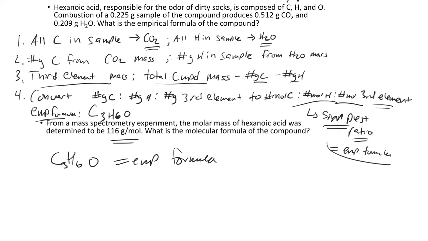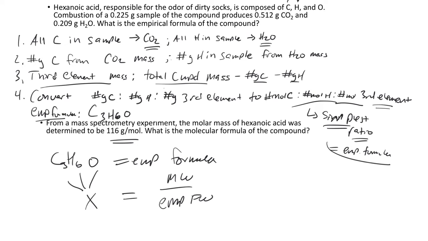What we want to do is figure out, each of these coefficients are multiplied by x, by some multiple, which should be a whole number, and we should be able to take the molecular weight and divide it by the empirical formula weight to figure out the number of multiples of that empirical unit in the molecular formula.